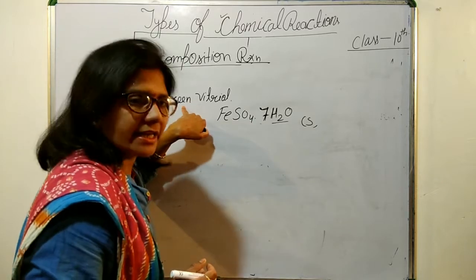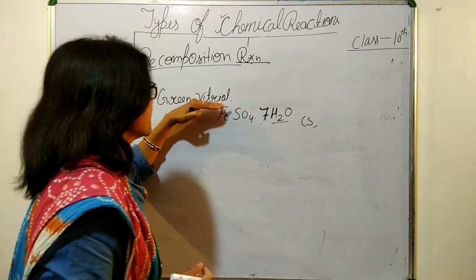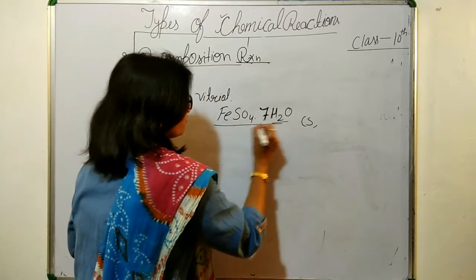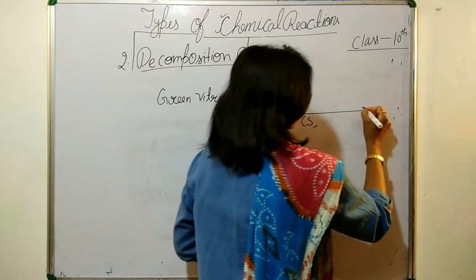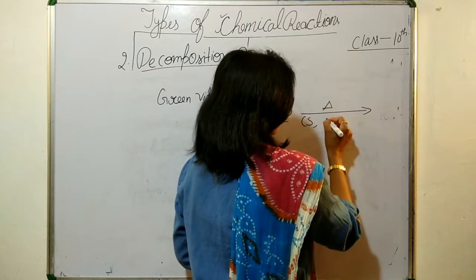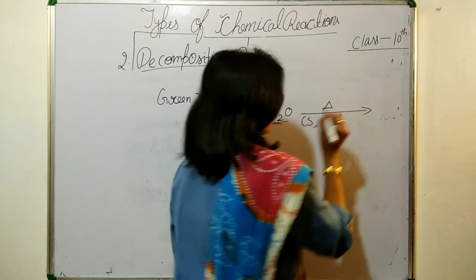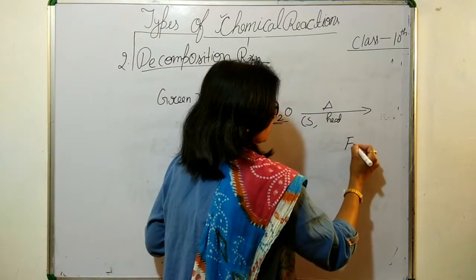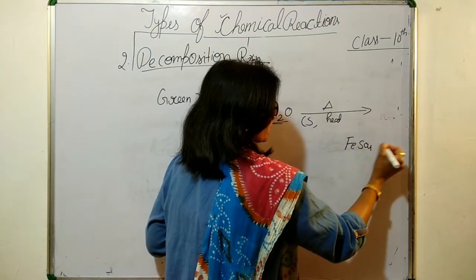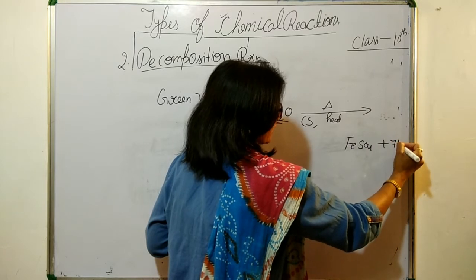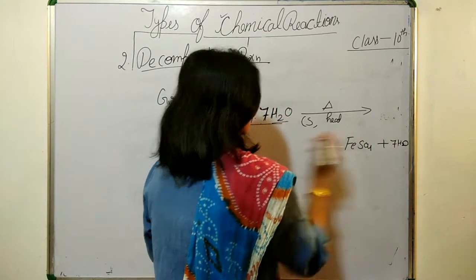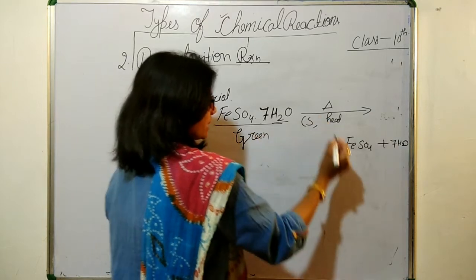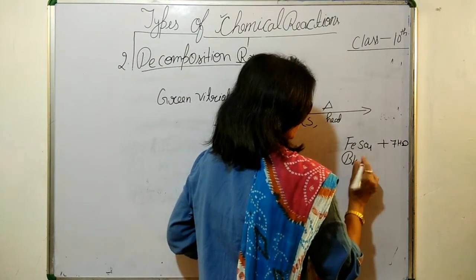Its color is green, and it is also known as green vitriol. When we heat this compound, meaning we provide temperature, at first it loses its 7H2O water molecules, and its color changes from green to brown.